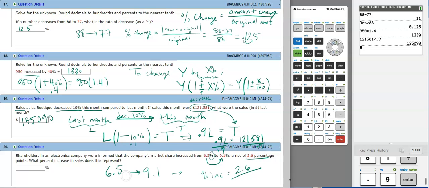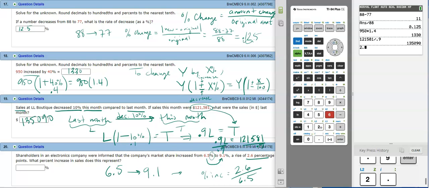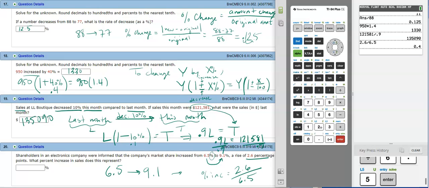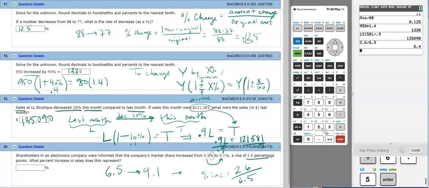Then we divide by the original amount, which is 6.5. And so what do we get for that one? 2.6 divided by 6.5. We would get 0.4. Here, of course, we want to write it as a percent, so instead of a decimal, 0.4 is 40%.